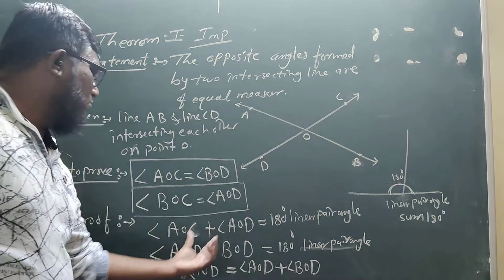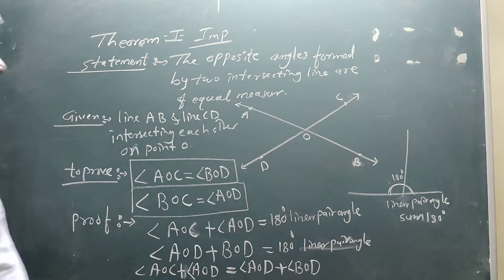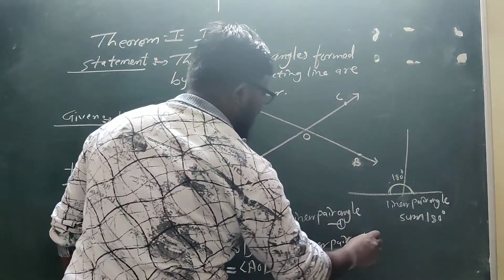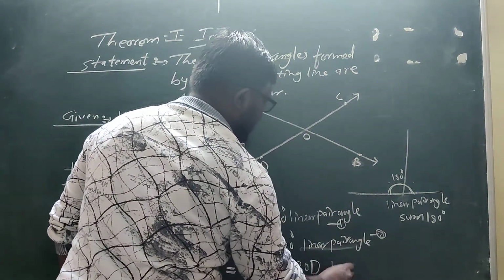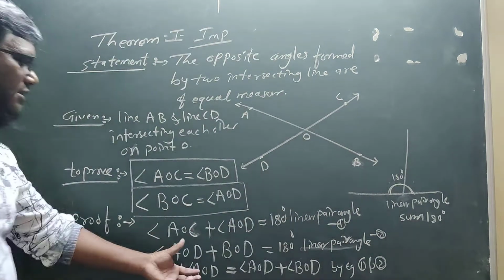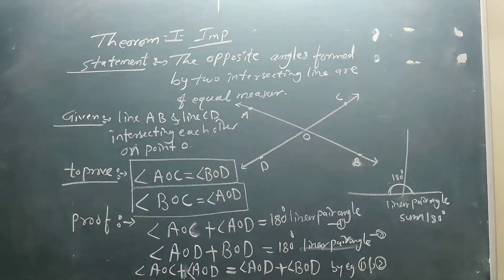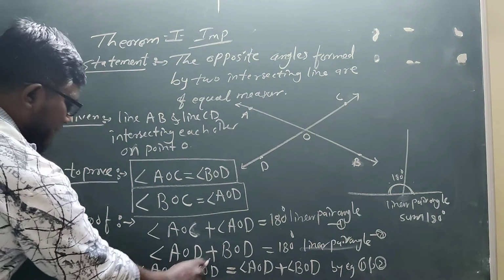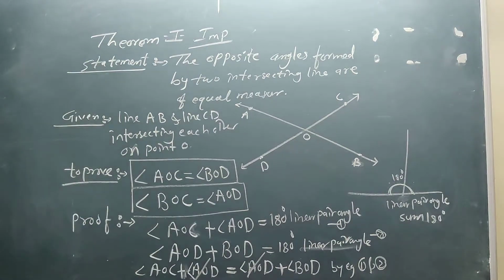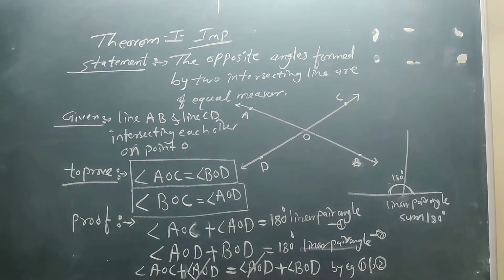I have written these two expressions in front of each other as equation 1 and equation 2. Both sides are equal to each other. Then eliminating AOD from both sides, we get angle AOC is equal to angle BOD. So we will write it like this.